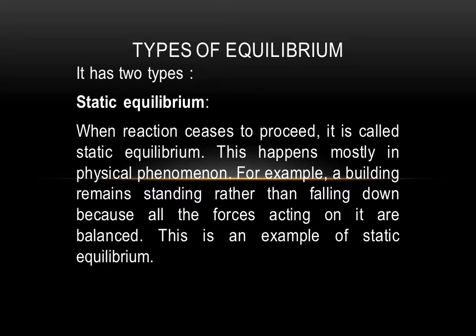Now there are two types of chemical equilibrium. One is static equilibrium and the second is dynamic equilibrium. What is static equilibrium? Suppose two students are dragging a table. One student is applying a force from the right hand side and the other student is applying a force from the left hand side.